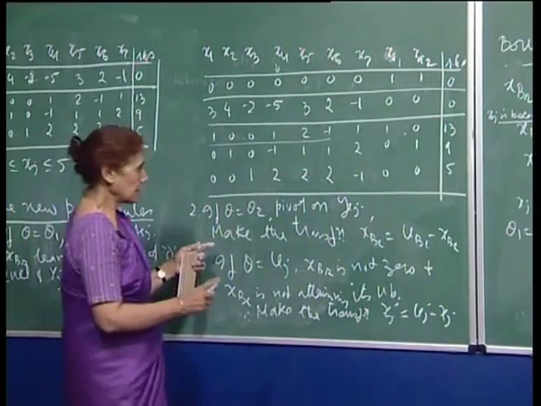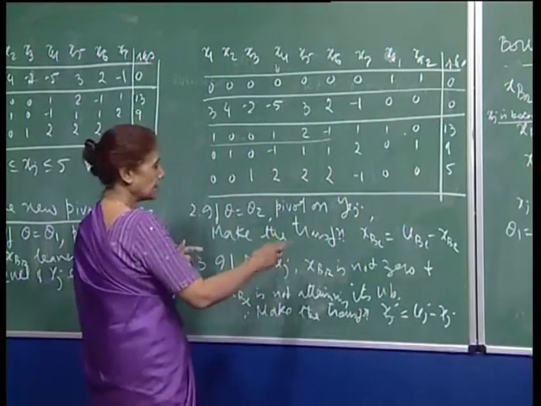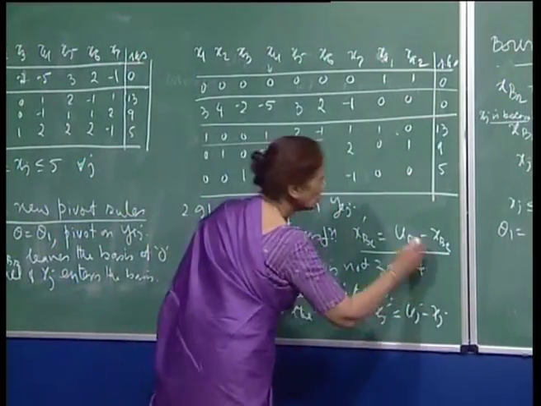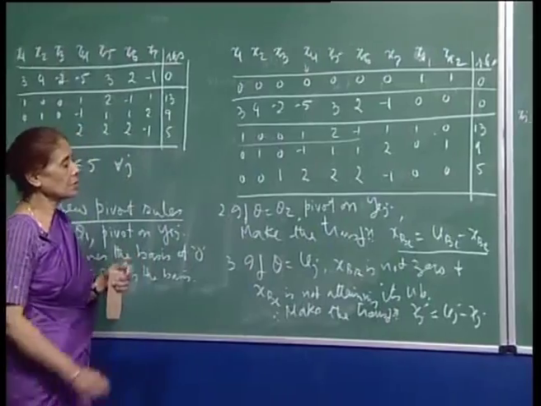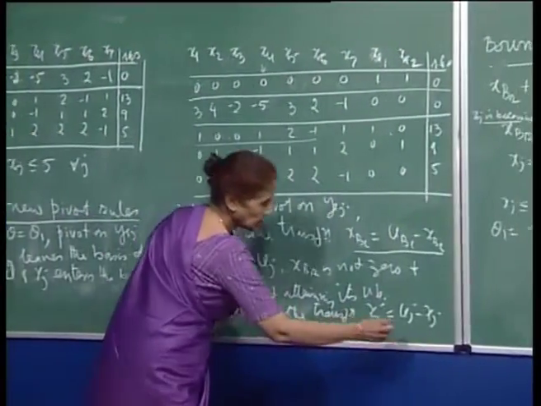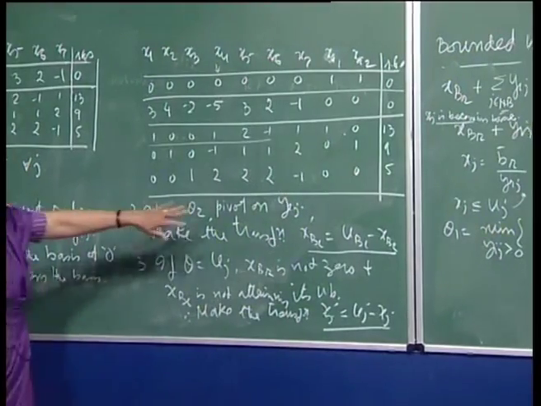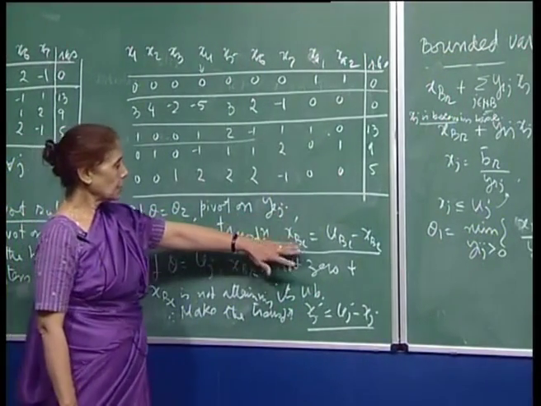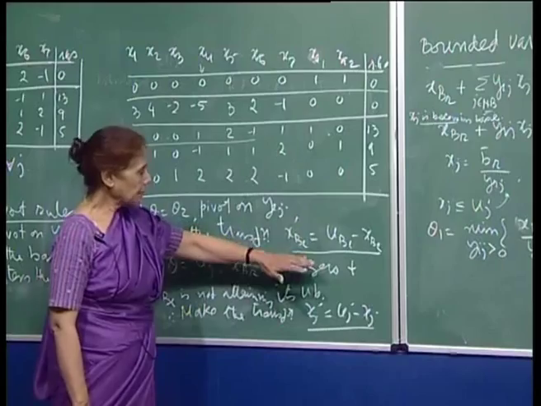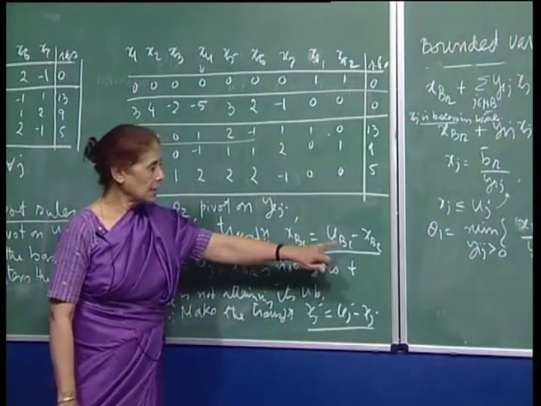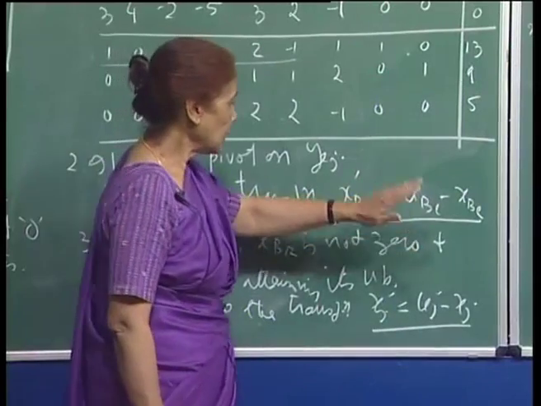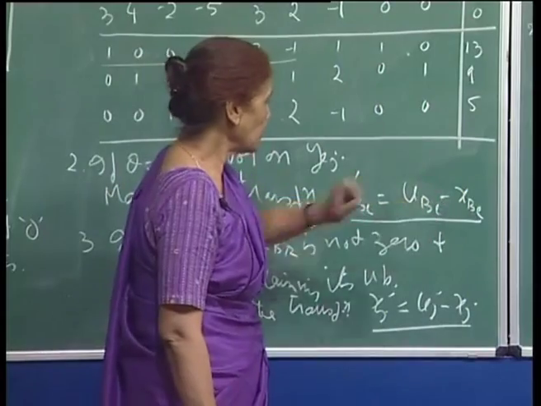Yes, I should have made a note here also, that whenever you make this transformation, how do you affect this transformation on the tableau? These two cases, I should have made that point here also: if you pivot on yLj, then because your current basic variable xbl has reached its upper bound, I need to make this transformation. So, how do I do this?